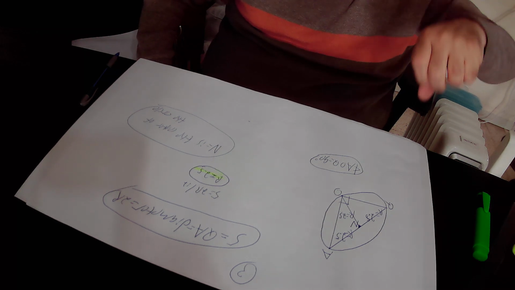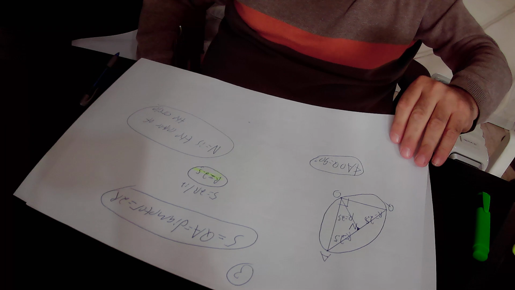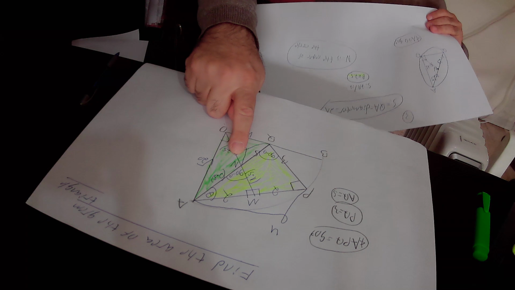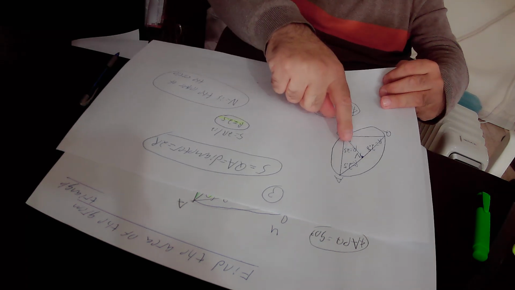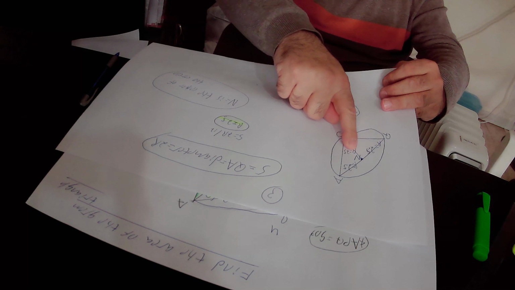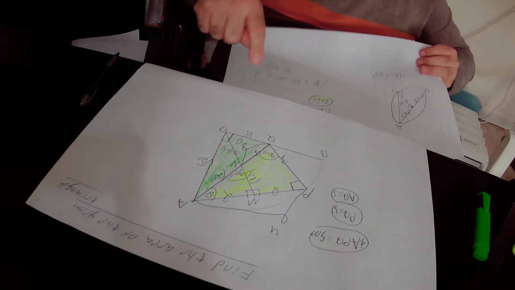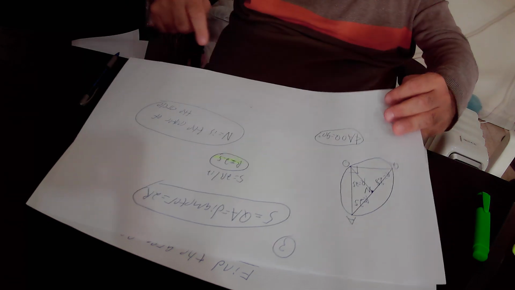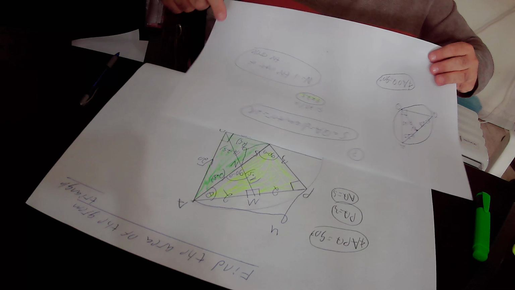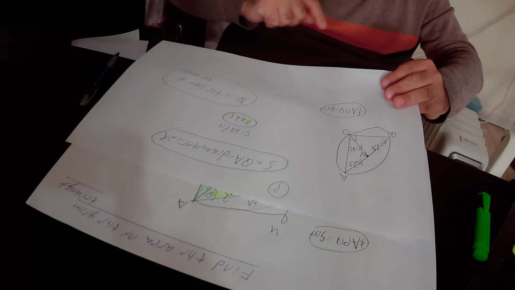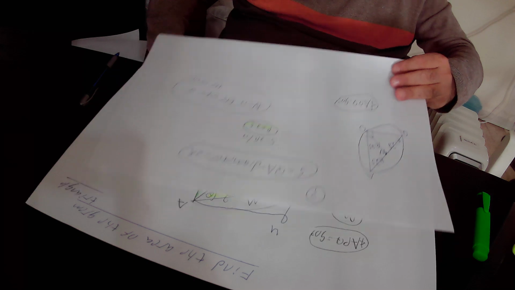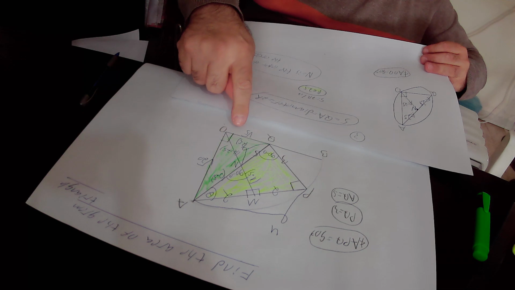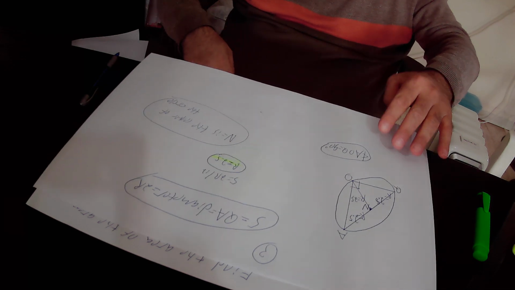In the next step I copied point N from the original drawing to our drawing here. Here we have triangle AQO, and here it is the same triangle AQO, so I can copy point N here. AN is 2.5 units, and NQ is also 2.5 units.